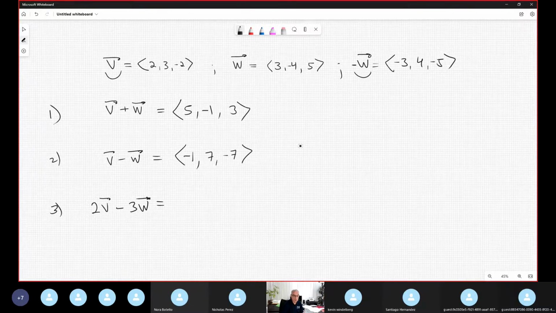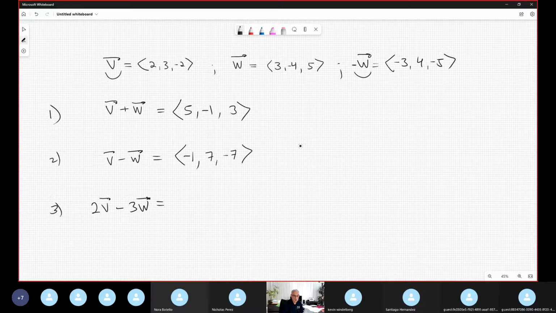Okay, now the third operation is multiplication. Vector B times a scalar. The 2 is considered a scalar, and a scalar is just a number. The only work of this number is to multiply the vector by 2. So now my new vector is parallel to the vector B, but the magnitude is twice or 3 times, doesn't matter.